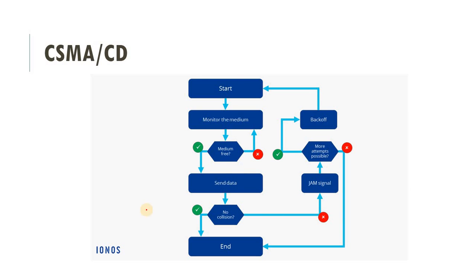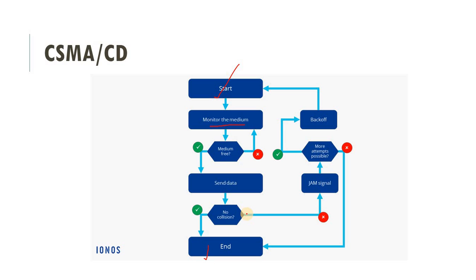Now this is a flow diagram. When communication starts, there is one step to monitor the medium and check whether the channel is free or not. If it is free, then send data. If not free, then go back to the idle state and keep watching whether the channel is free or not. When it sends data, there are two possibilities: collision happens or not. If not, then data is sent correctly.